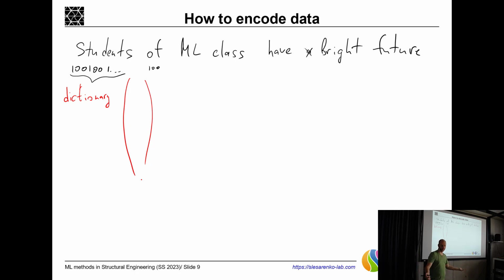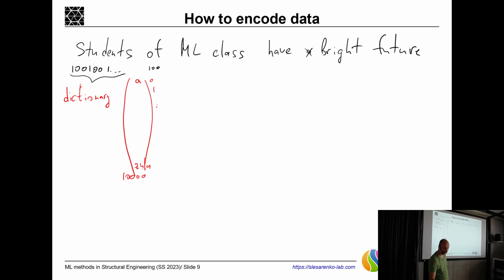So let's say 10,000 words, which is usually quite a lot. And again, it starts with A and ends with, I don't know, what's the last word in English? I don't know, Z something. Actually Zulu, I think.